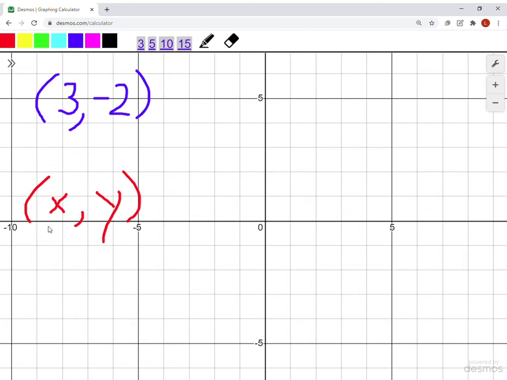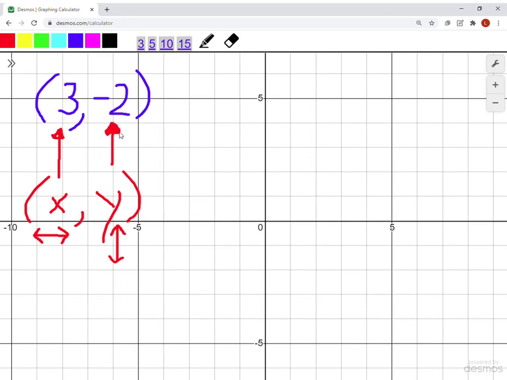Now the x-axis moves side to side. It is known as horizontal, and the y-axis moves up and down. It's known as vertical, right? So whenever we graph these points, what we want to think is, well, 3 is in the x spot of our coordinate, and -2 is in the y spot of our coordinate.